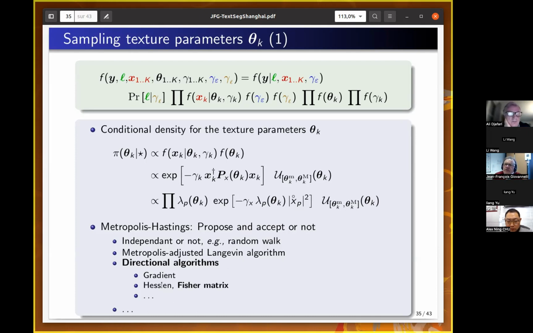Taking advantage of the Hessian is not really a good idea because in some iterations, the Hessian is not a positive definite matrix. On the contrary, the Fisher matrix is a positive definite matrix everywhere. That's why this is a better idea than this one. And then we selected a direction for proposal, that is the inverse of the Fisher matrix times the gradient.